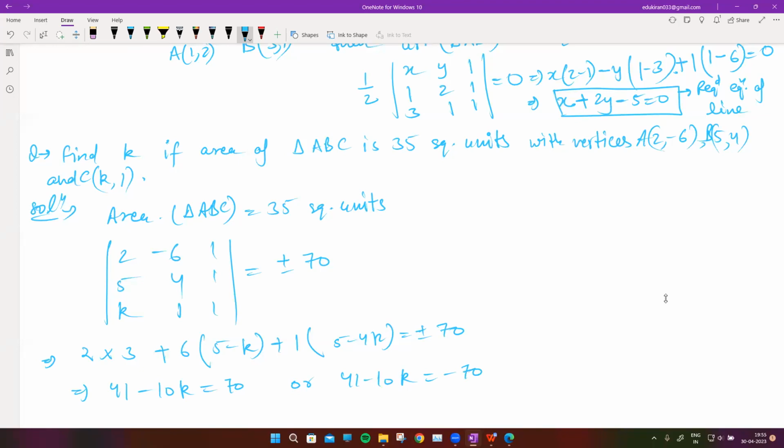After this, we will break it into two parts. One part is 41 minus 10k equals 70, and the second part is 41 minus 10k equals minus 70.